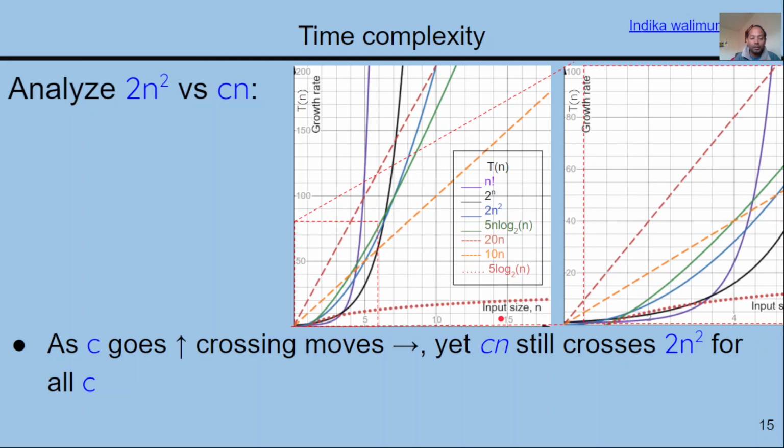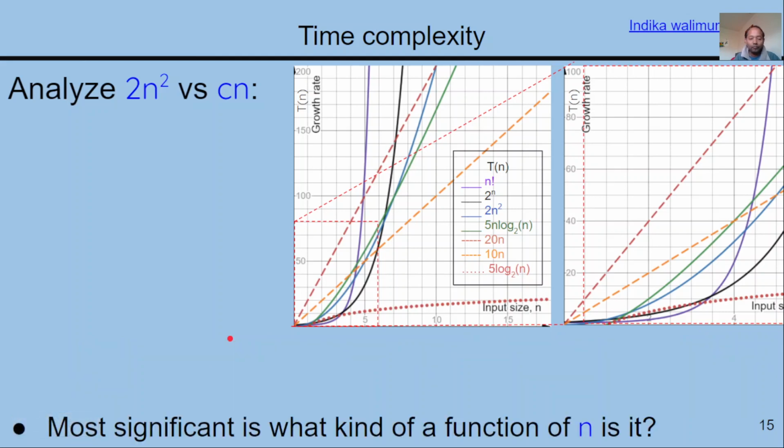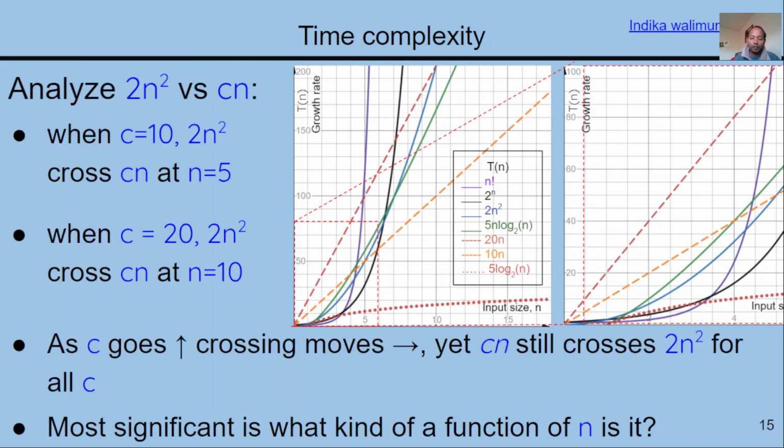So for all positive c, it crosses somewhere. So what's important is what kind of a function of n it is. It's not where it crosses or anything.